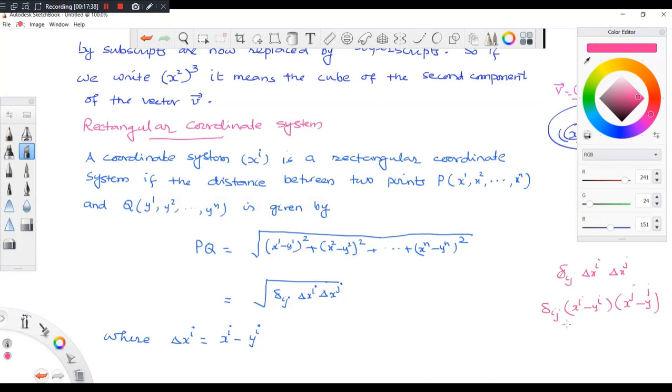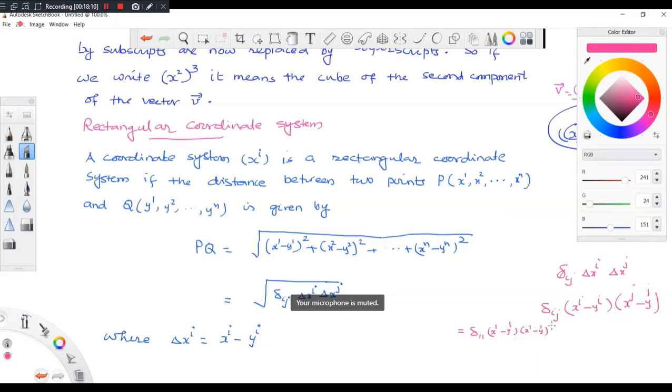Now you know this is something which you can say by Einstein summation convention. What will this be? i is repeating and j is repeating. So this is nothing but, you write in the margin, delta 11 into x1 minus y1 into the same thing, x1 minus y1. Both i and j I am taking 1.